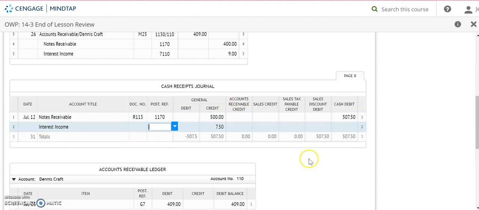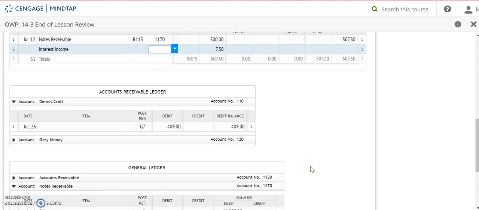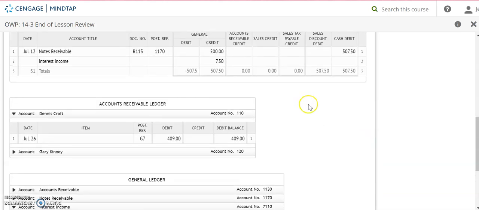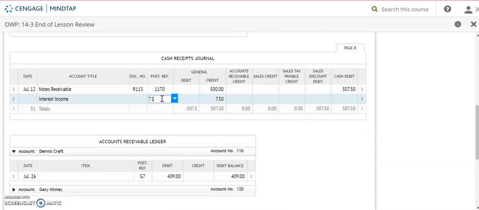Then I'm going to be posting to interest income, the 12th, CR8, and 750. And then I'm going to find my new balance here. I get $474.50. Account number 7110 will go back.